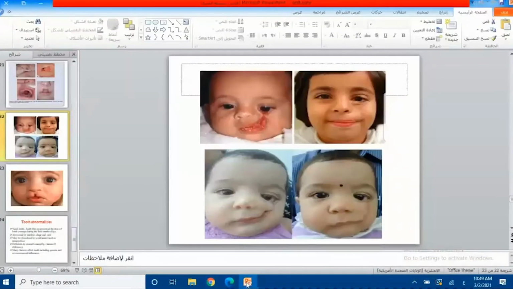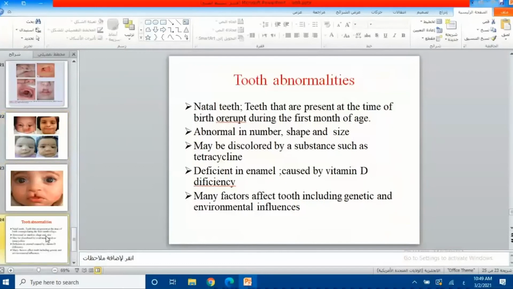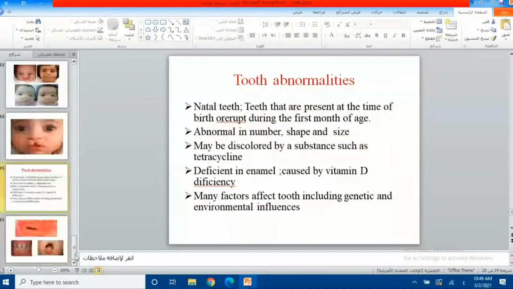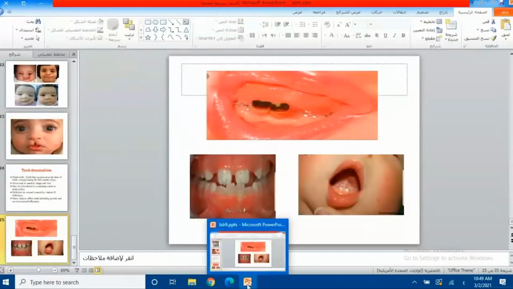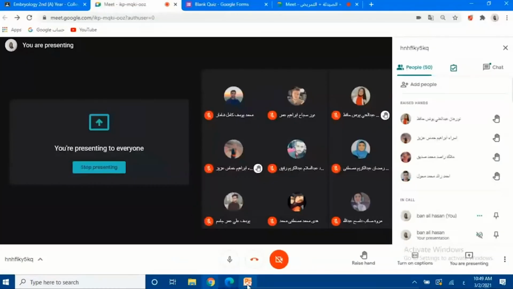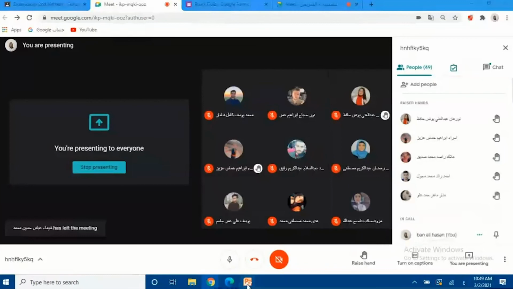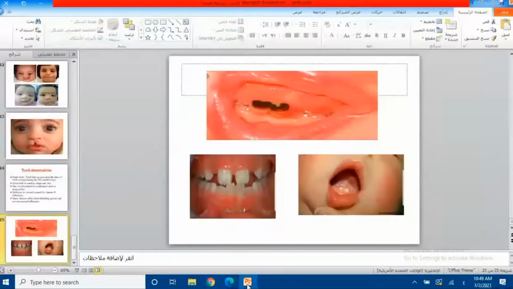So this one also is median cleft lip, and we said there are many tooth abnormalities. So what's the case of this one? What happened to these teeth? Malak? What do we call this case?